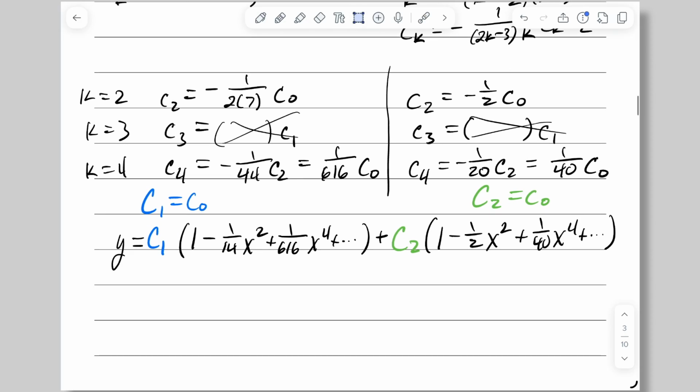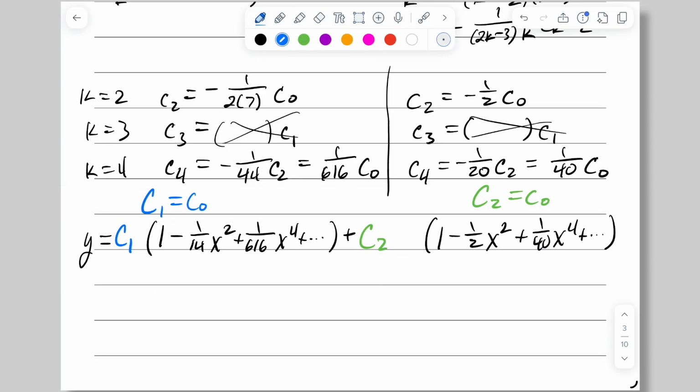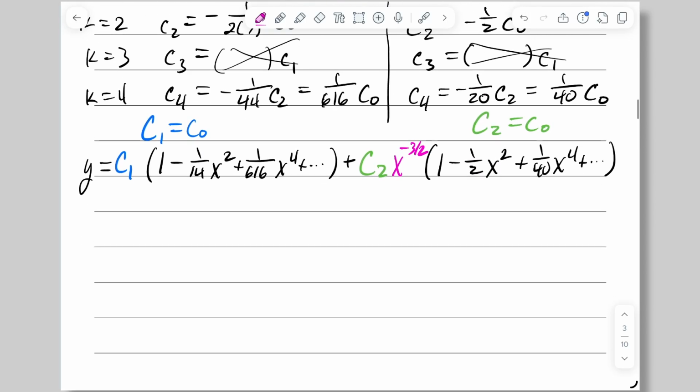So in the second series, we need to augment that solution with an x to the negative 3 halves. And this is the Frobenius thing. Y equals C1 times the first series that we got, plus C2 times x to the negative 3 halves times the second series that we got, forms our general solution.